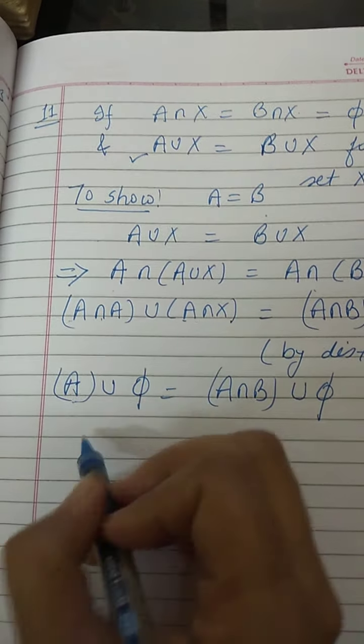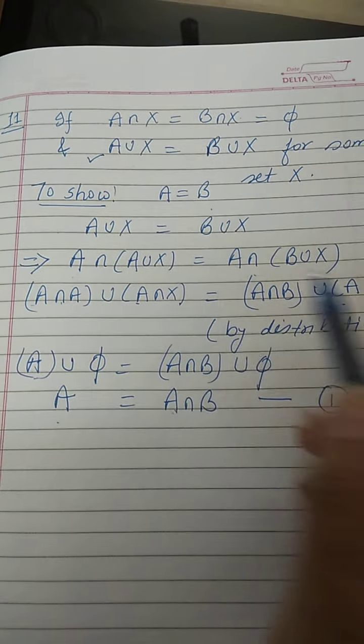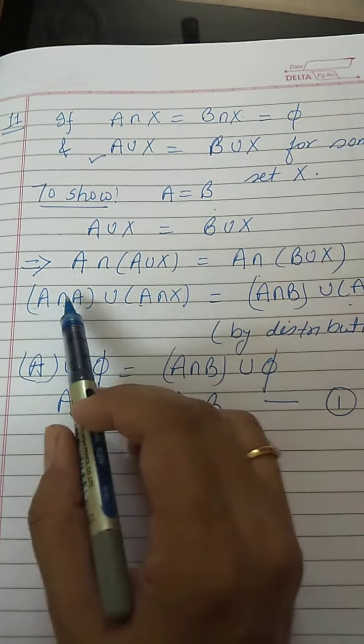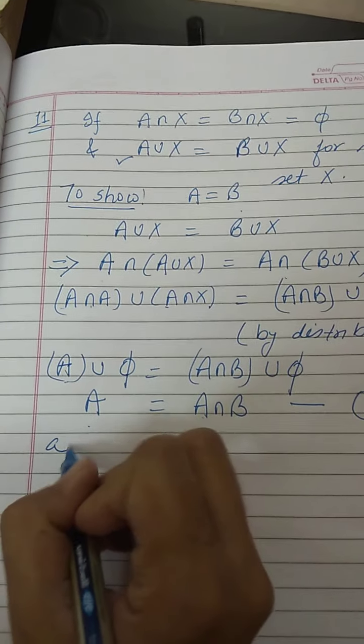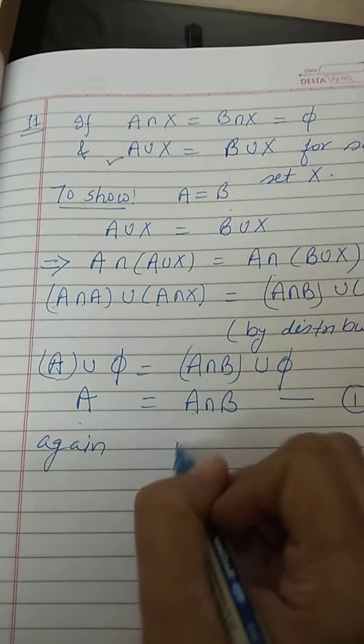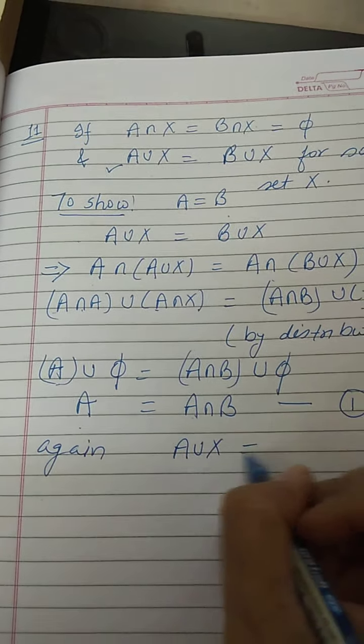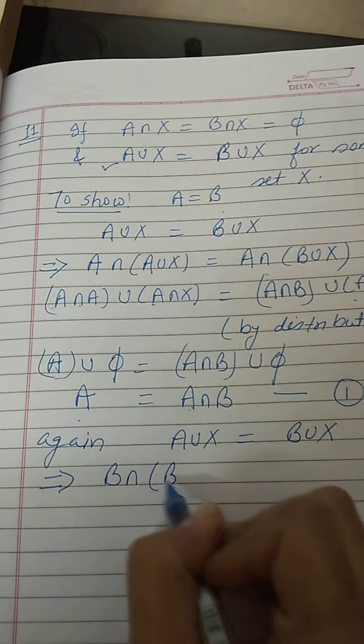So here we started with A union X equals B union X, right? And we took the intersection with A. Same thing we will do. Again we will start with A union X equals B union X. But now we will take the intersection on both sides with B. So we will write down again A union X is equal to B union X, and we are going to take the intersection with B on both sides.